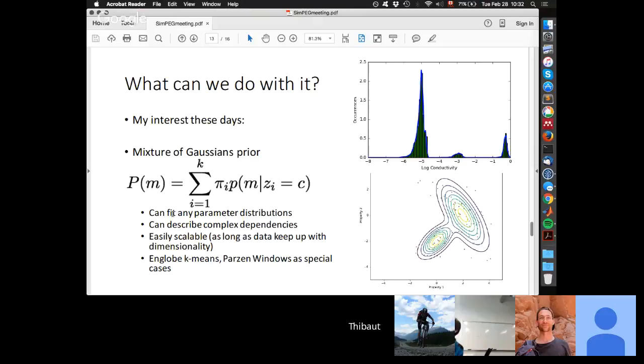So here I showed basically the pros: with that I can fit any parameter distribution, and it's easily scalable. That's something in 1D, but that's something in 2D that you can fit, and you can go up in many dimensions as long as your data keep up with the dimension. Actually past 4 dimensions, it's probably hopeless.